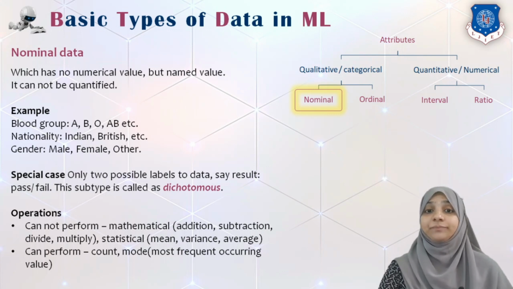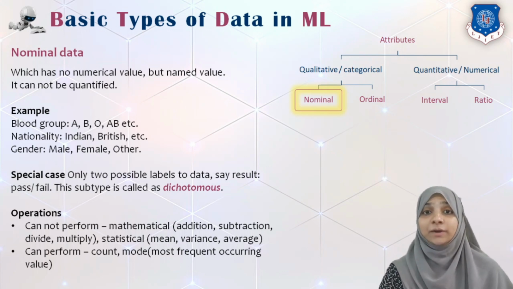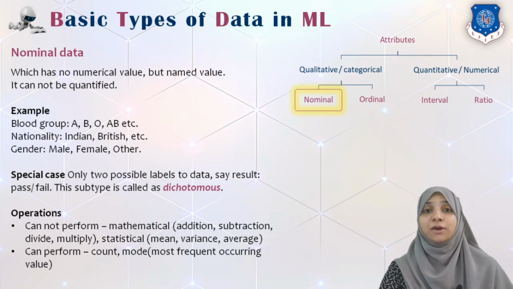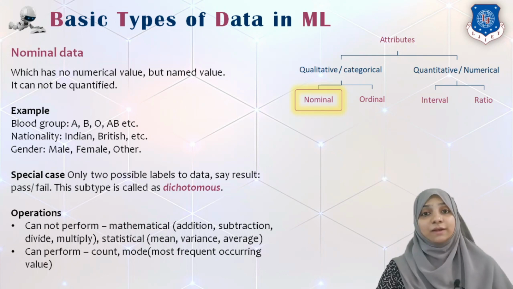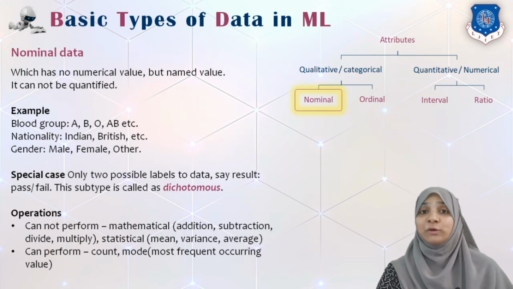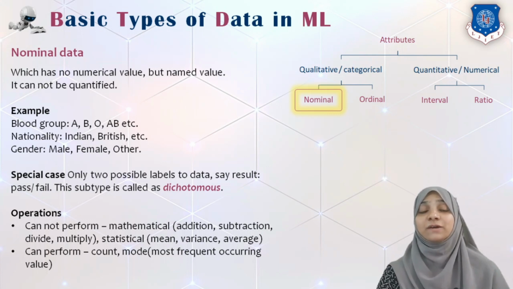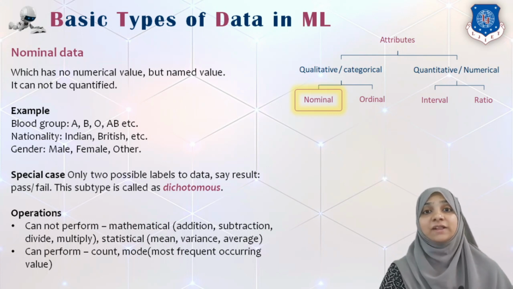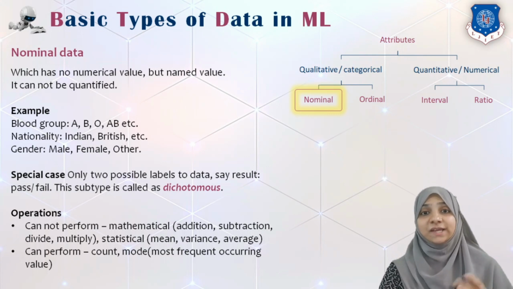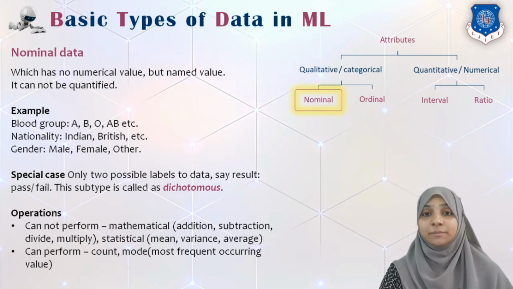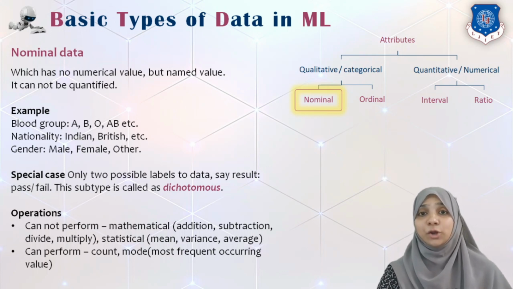So here, nominal data is a type of categorical data where the element's value cannot be measured or compared. There is one special case when an attribute can have only one of two possible values. Say for example, the result of a student. We can have either the value pass or fail. These kinds of attributes or data are called dichotomous data. This is nominal, categorical data having only two possible values.